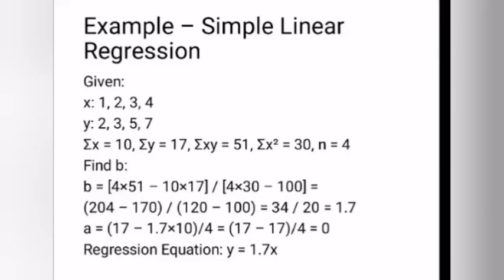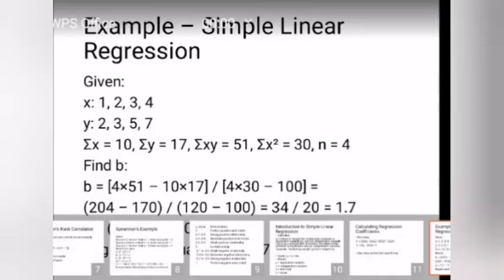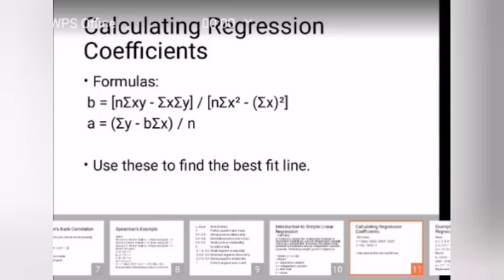So we have 4 pairs now. The first thing for you to do is to find b. So you put these answers we've gotten into your formula of b, which is n times sigma xy minus sigma x times sigma y over n times sigma x square minus sigma x all square.